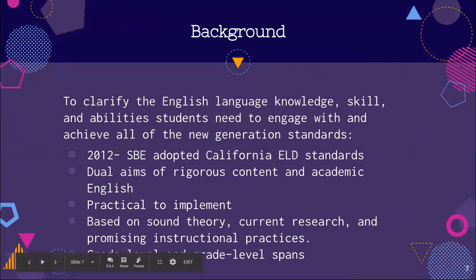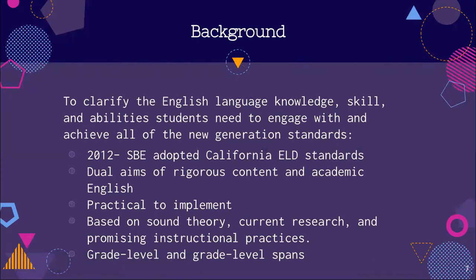the purpose of the ELD standards is to clarify what English language knowledge students need, the skills and abilities they need in order to engage with and achieve all of the new generation standards. So that encompasses ELA, math, social studies, science, etc. And a little background, the California ELD standards were adopted in 2012.